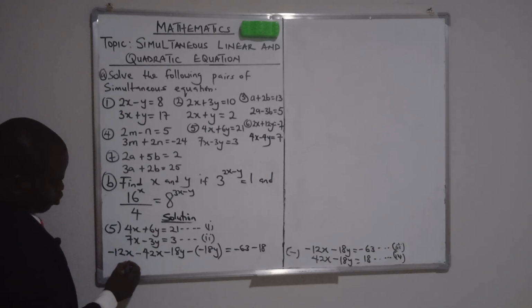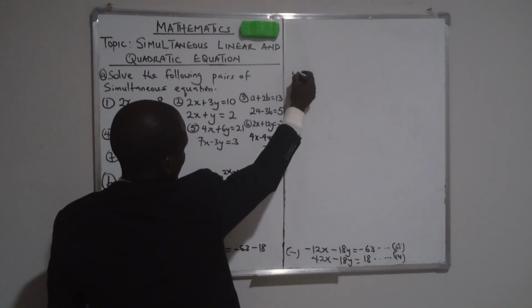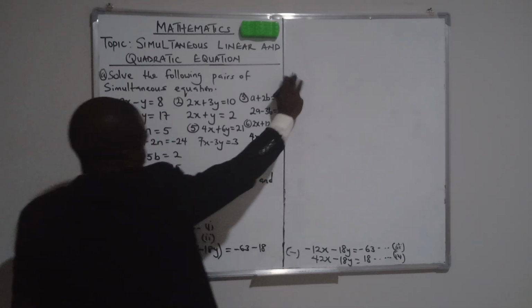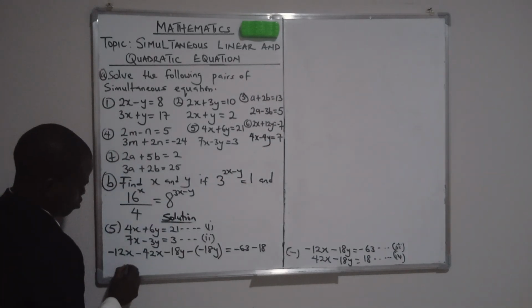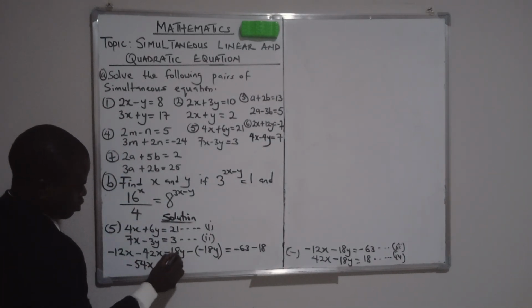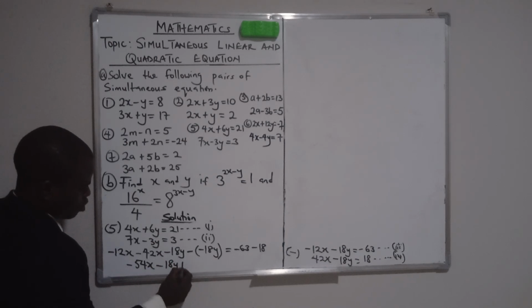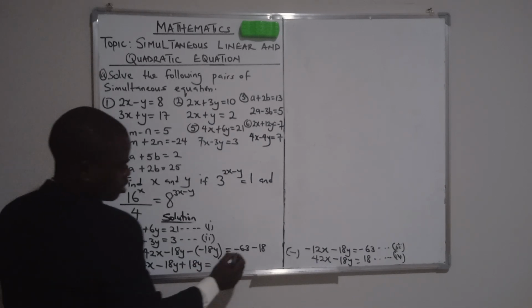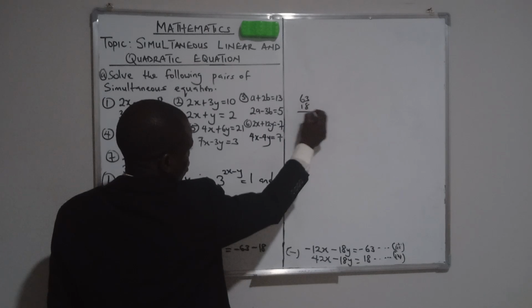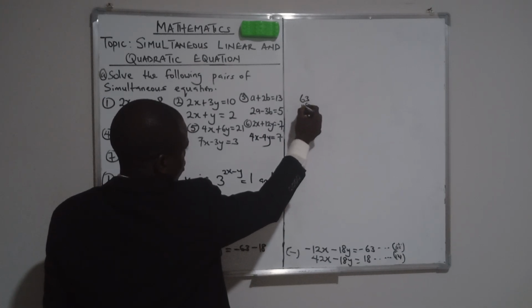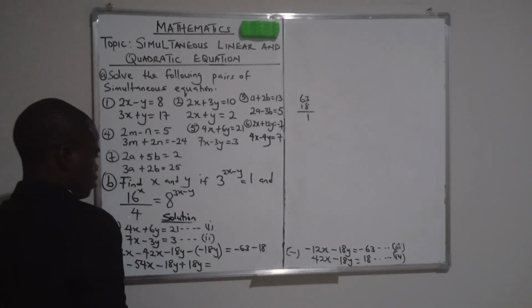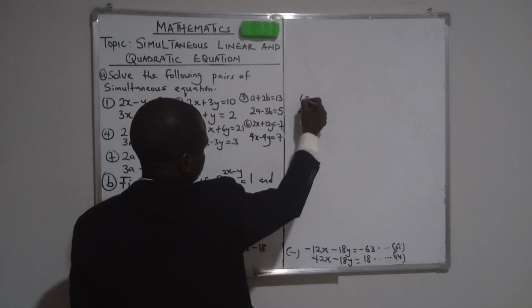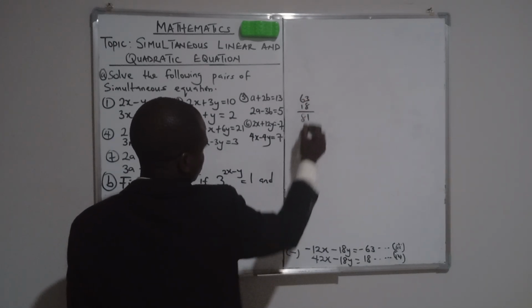Now minus 12 minus 42, that's minus 54x, minus 18y plus negative and negative is positive, plus 18y equals minus 63 minus 18.